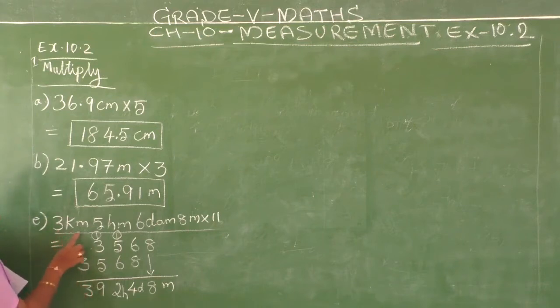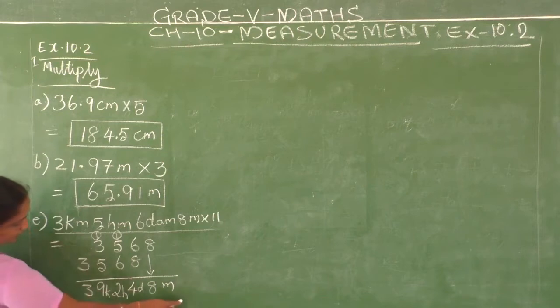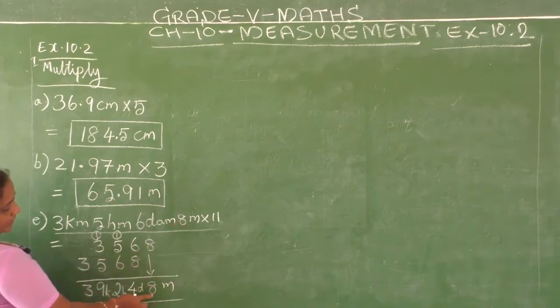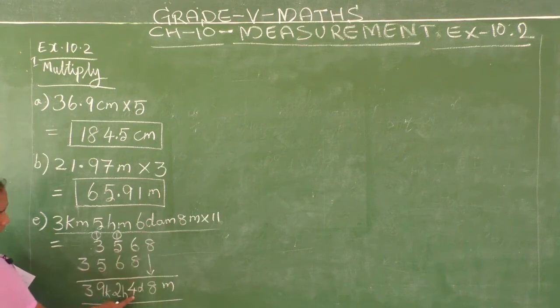So it's a kilometer. We multiplied these numbers. See, meter is coming in a single digit only, 8 meter. Decameter also single digit, 4 decameter. Hectometer also 2 hectometer, but only the kilometer changed, 39 kilometer.